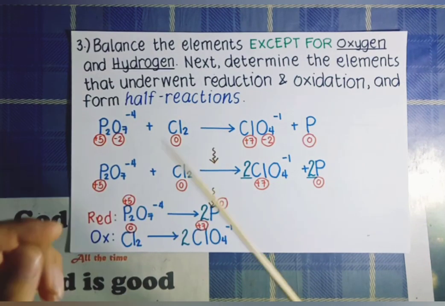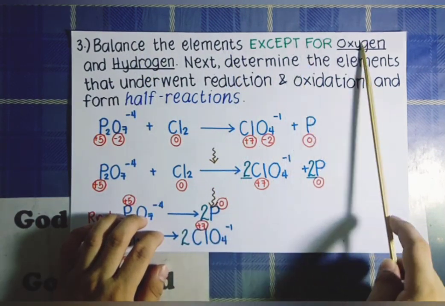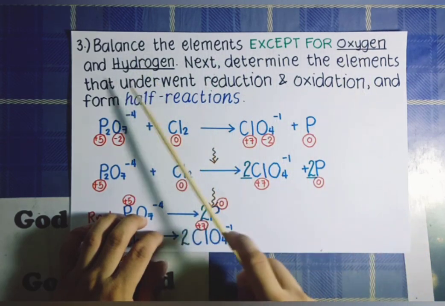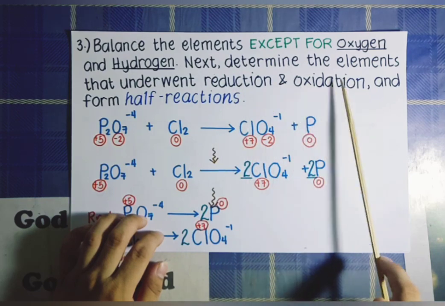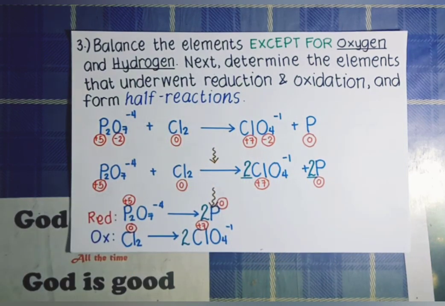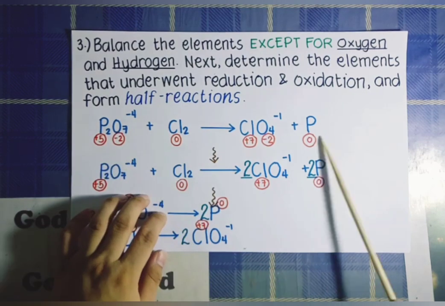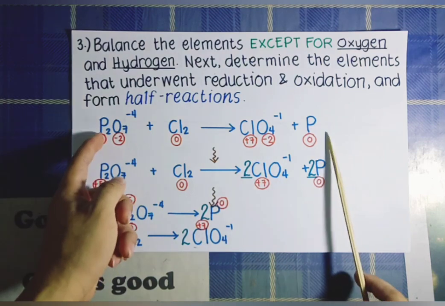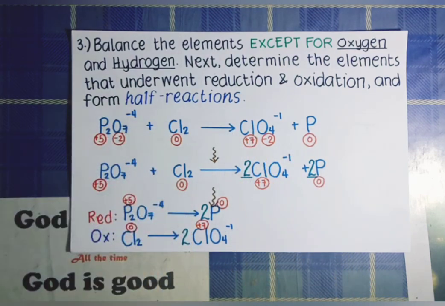Next, balance the elements except for oxygen and hydrogen. Next, determine the elements that underwent reduction and oxidation and form half reactions. So let's go back to our prior equation. Obviously, the elements phosphorus and chlorine are not yet balanced.